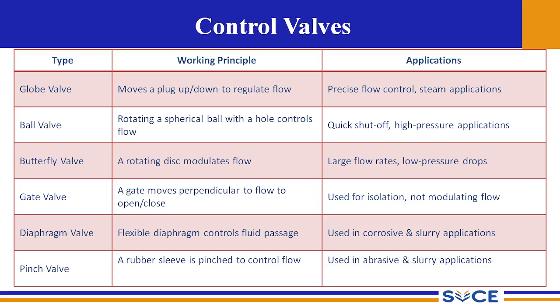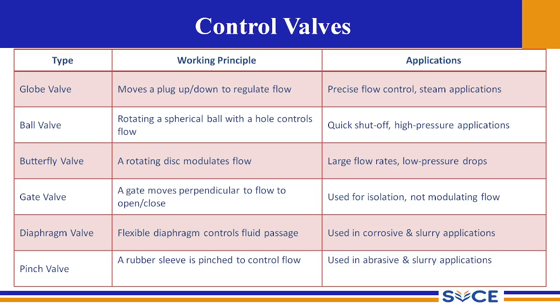When it is pinched, it stops the fluid flow, and if the pressure is released, the opening increases. So the pinch valve is a rubber sleeve which is pinched to control the fluid flow. The applications of the pinch valve are in abrasive liquids and slurry applications.